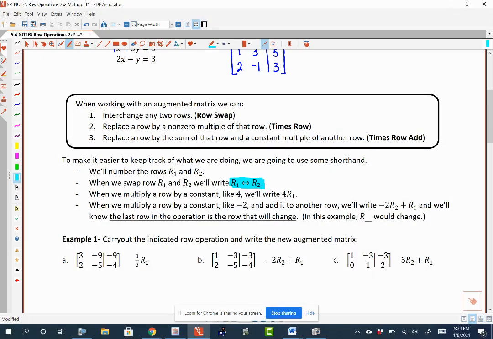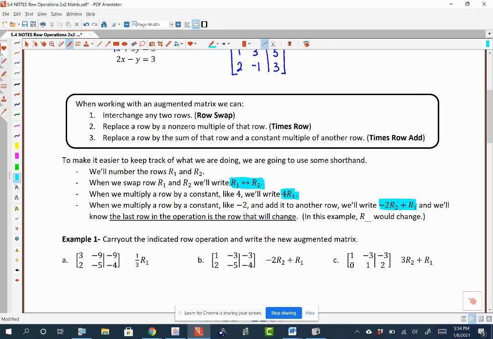When we multiply a row by a constant, like 4, we would show that notation 4 times R sub 1, row 1. And the last thing, which has a couple of operations: if we need to multiply a row by a constant like -2, we can add it to another row. We're going to see notation like this. We're going to state which row we're multiplying.